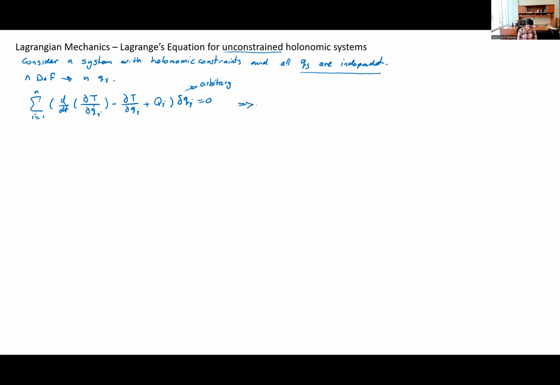In this case, what it means is this factor, whatever is in the parentheses, has to be 0. So in this case, d over dt of partial T partial q dot i minus partial T partial qi plus Qi equals 0, for all i equals 1 to n.